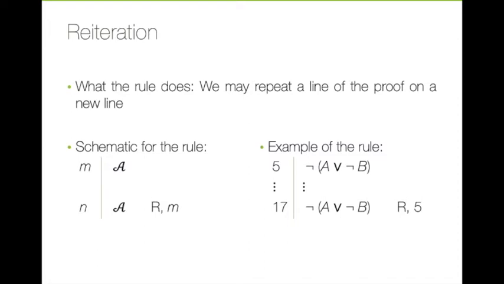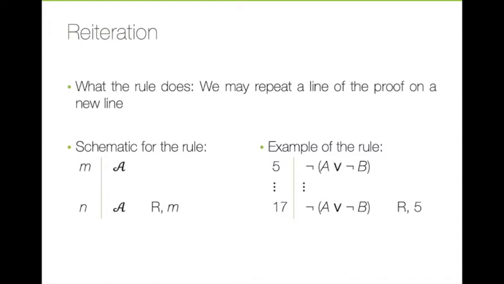So let's look at an example of this in the structure of an actual proof. Let's say the sentence, "It's not the case that A or not B," appears on line 5. The reiteration rule allows us to repeat that sentence of truth functional logic on any later line of the proof.